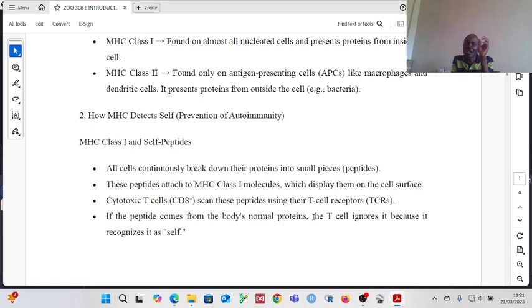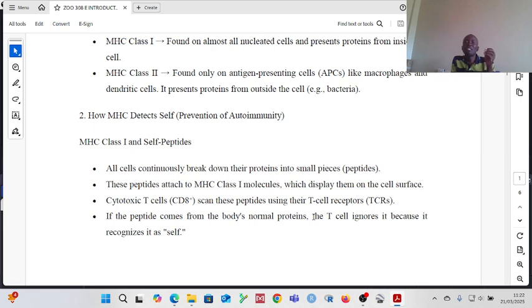Okay? Then now, the immune cells, the cytotoxic T cells, or the CD8 cells. CD8 are the ones that work with MHC class 1. So the CD8 will be scanning around.